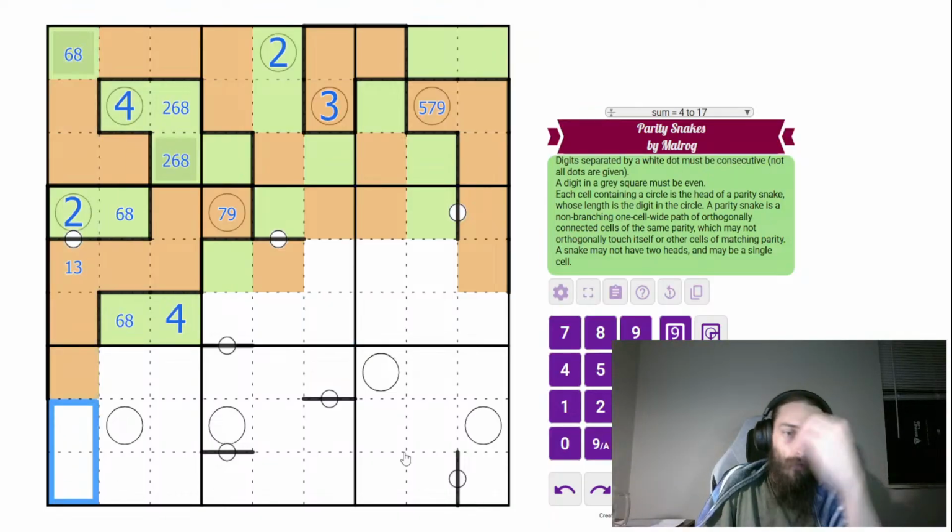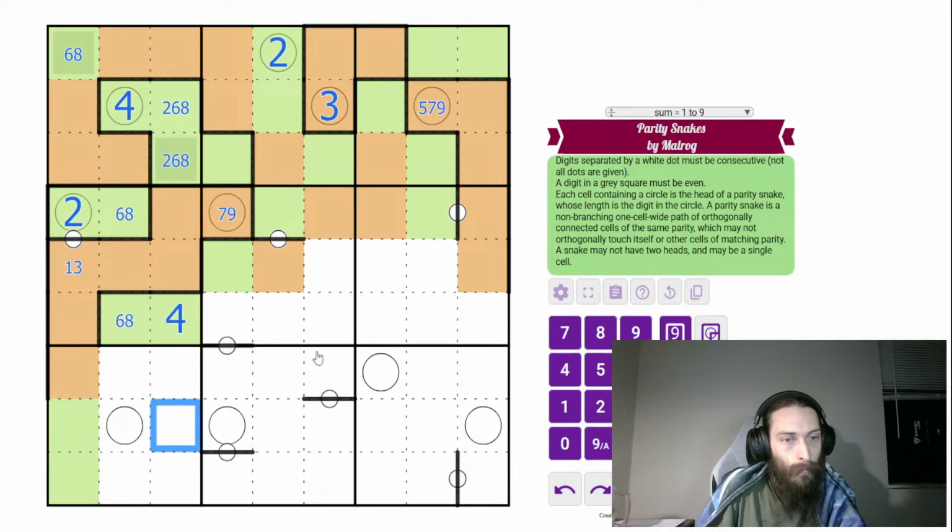Box 7 needs evens. Was that what you were going to say? That and the odd.